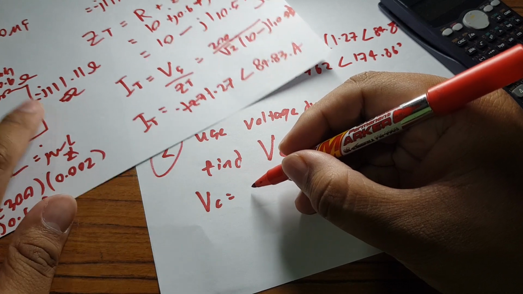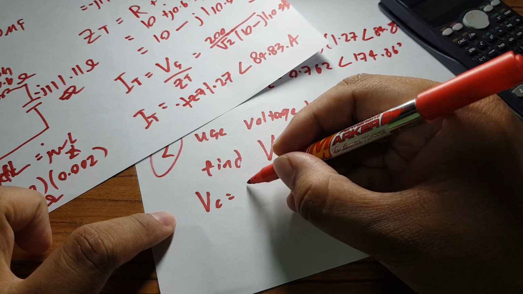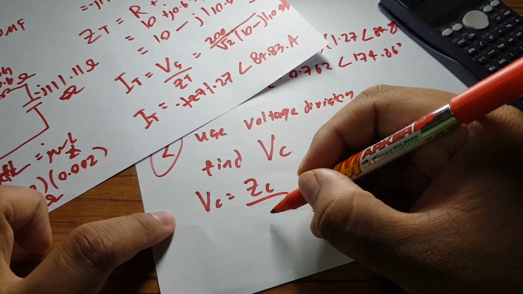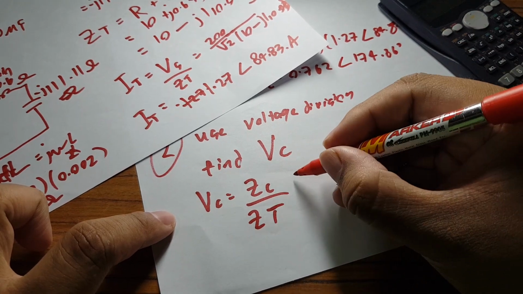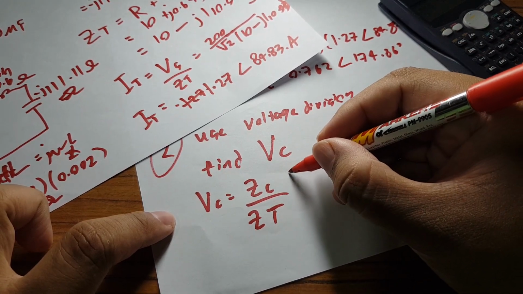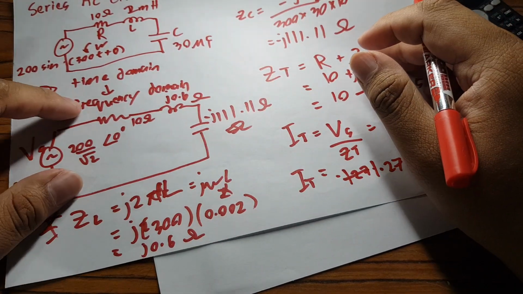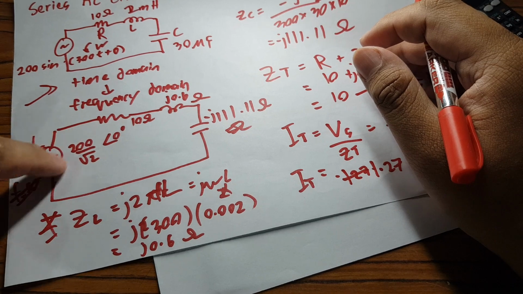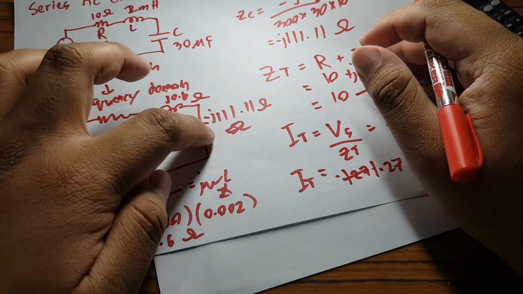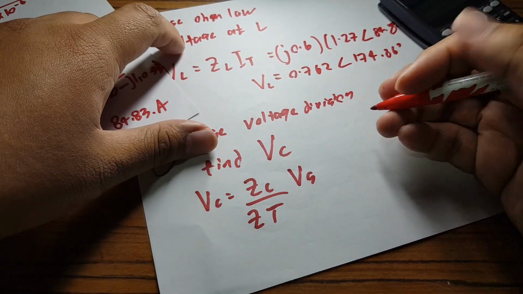So this one, take this one, is actually ZC divided by Z total multiplied by Vs. Okay, because this is in series, so the voltage total here is here, and you have to use division. So if you want to find the voltage here, you have to use this formula.